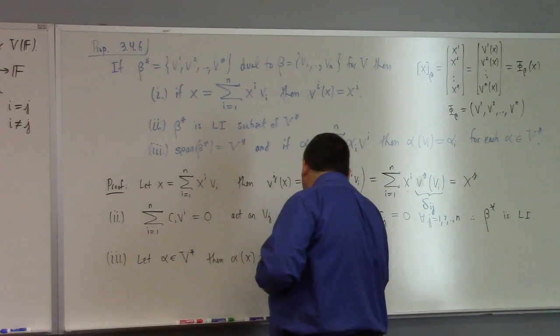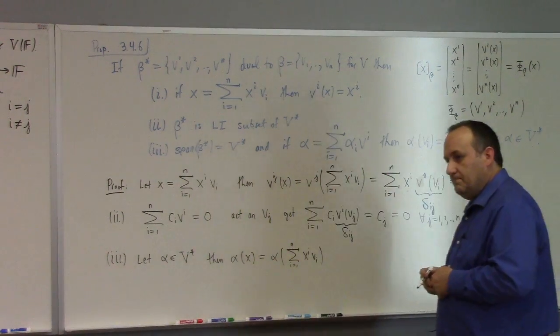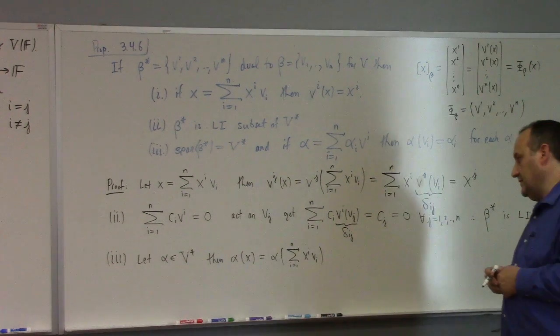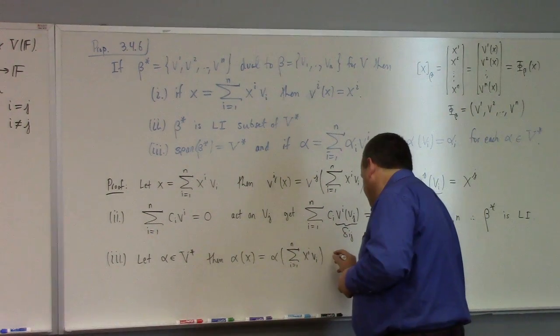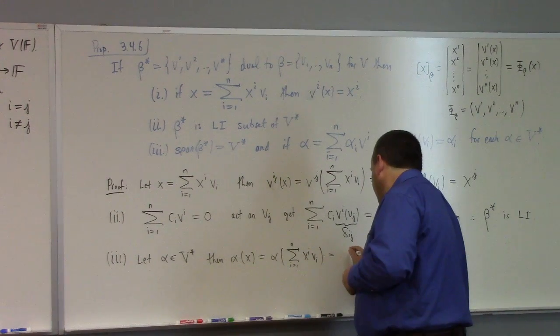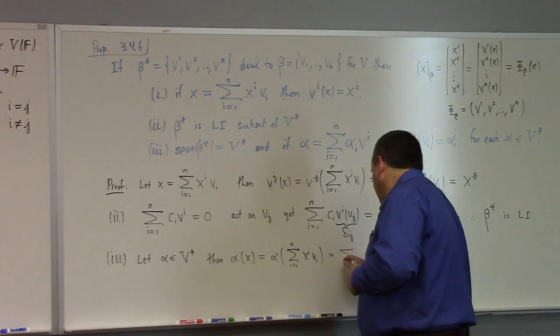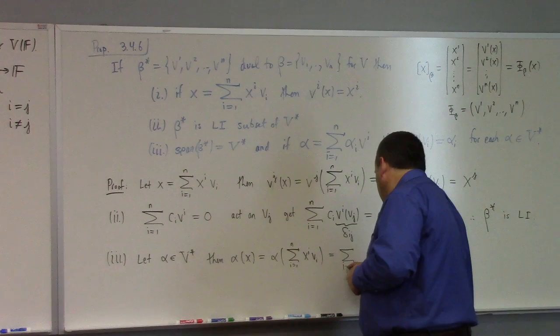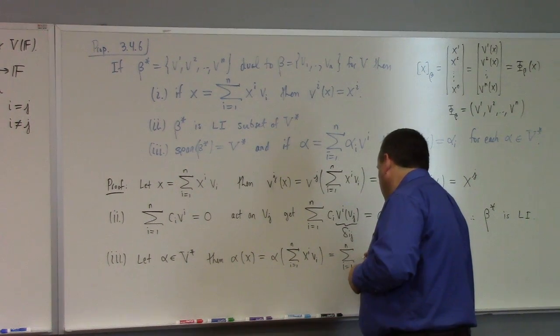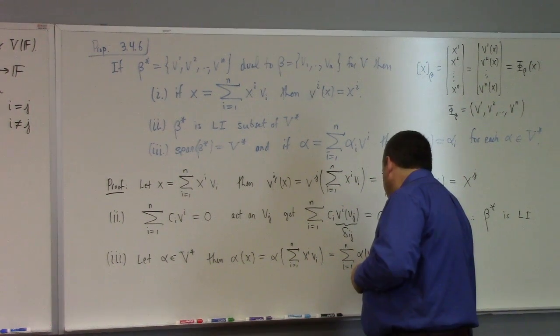So I'm just using the fact that beta is a basis. But then that's equal to the sum i equals 1 to n of alpha of vi, and I'm writing the x sub i, x upper i, over here.